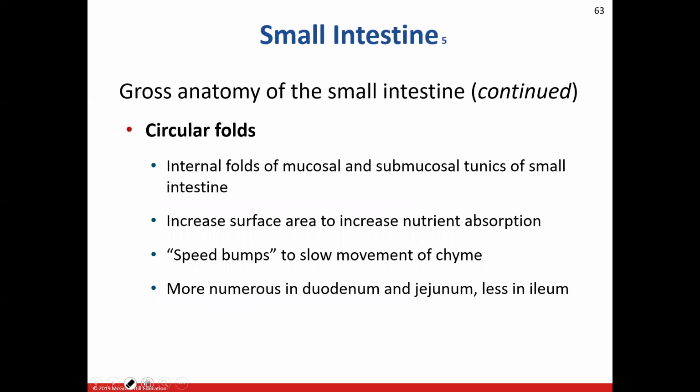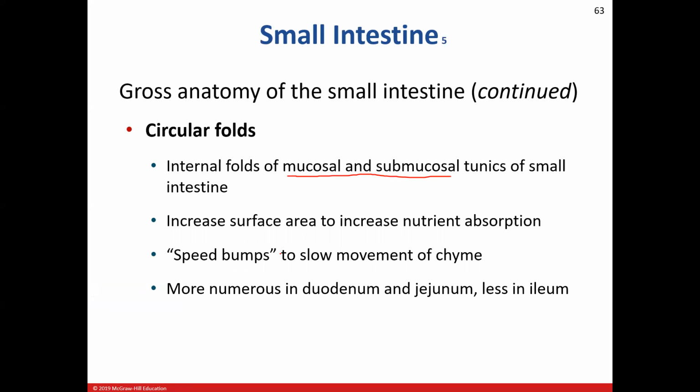So lining, and this is a structure that I really, really appreciate, I didn't really think about it before, but lining the small intestine are going to be these circular folds. They're also known as plicae circulares. We'll see those in a moment on one of our models here. But these are folds of the inner layer of the mucosa and also the submucosa.